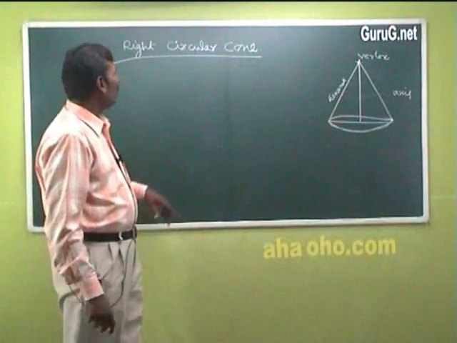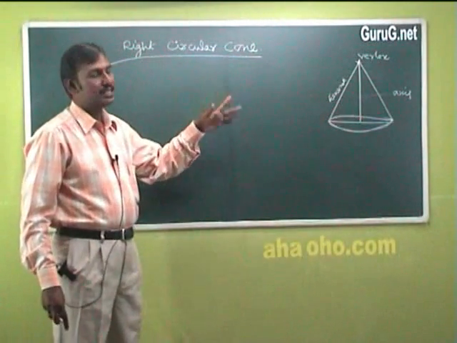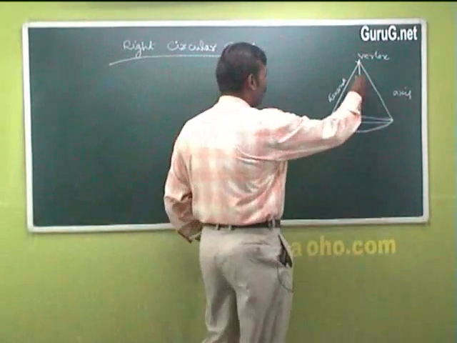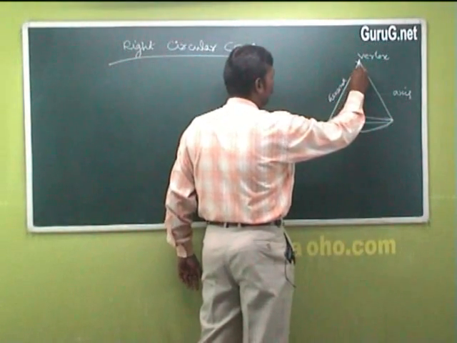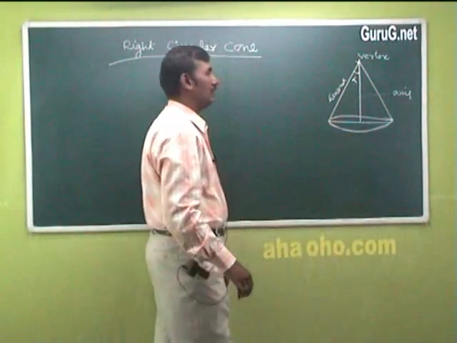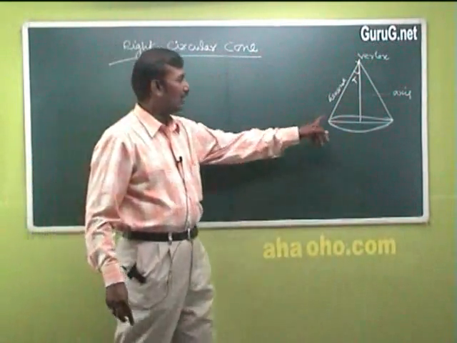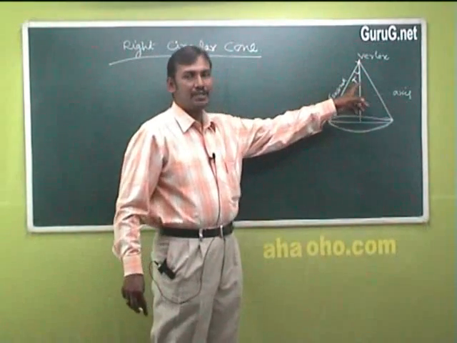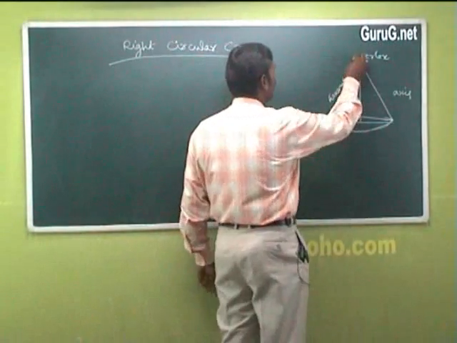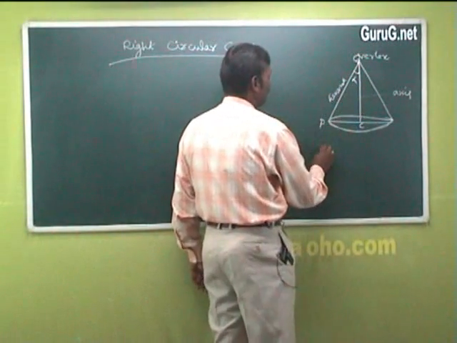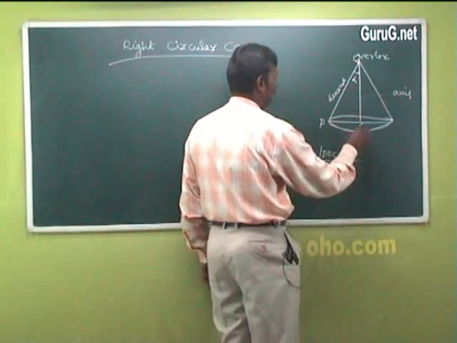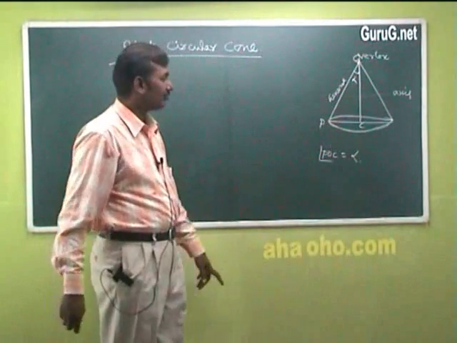A right circular cone is a surface generated by a straight line passing through a fixed point and making an angle alpha with a fixed line, right? So this constant angle is called the semi-vertical angle. That is, suppose you take this POC. So this angle POC is nothing but alpha, right?